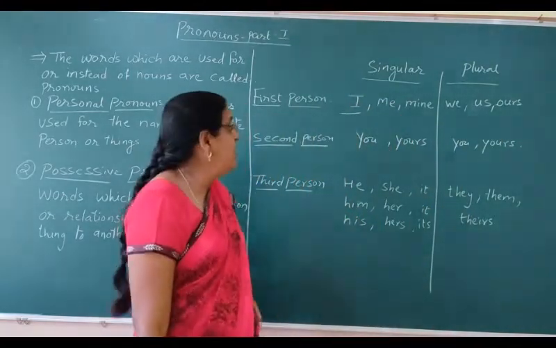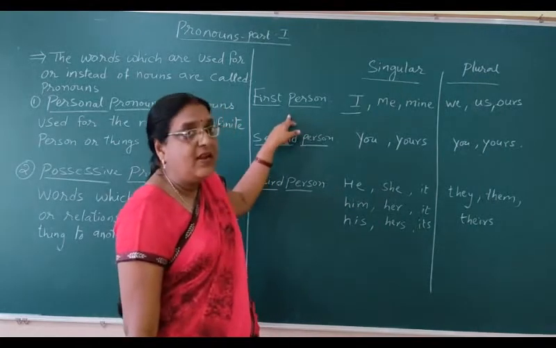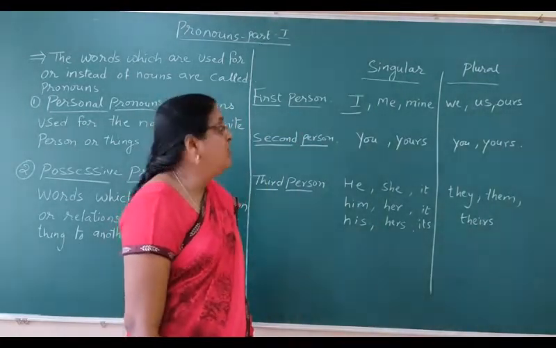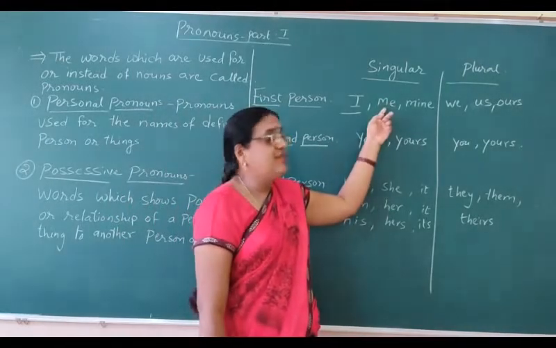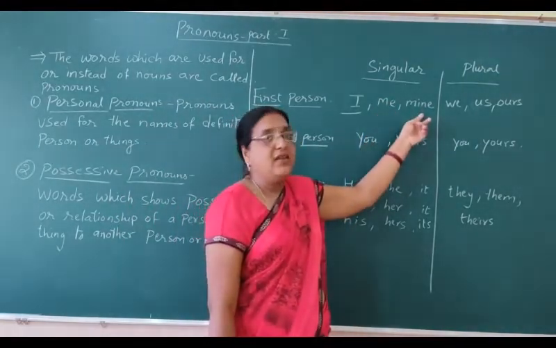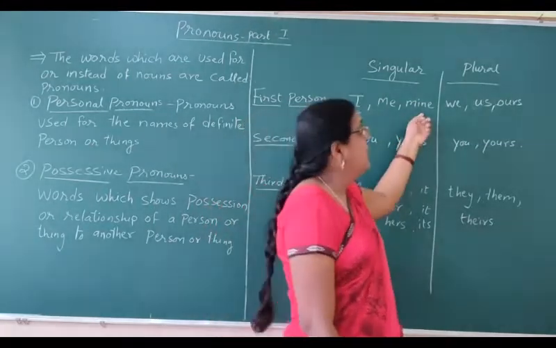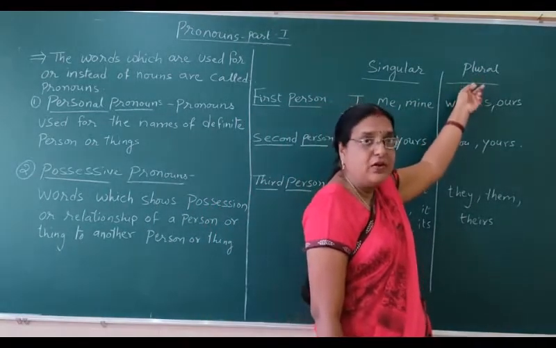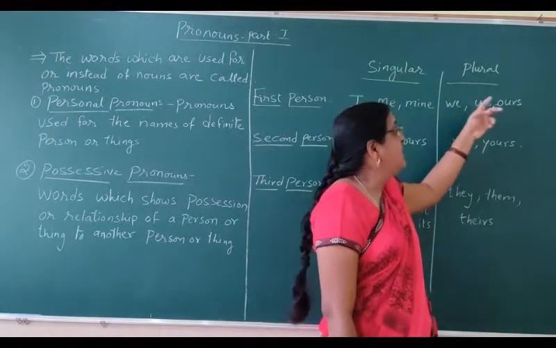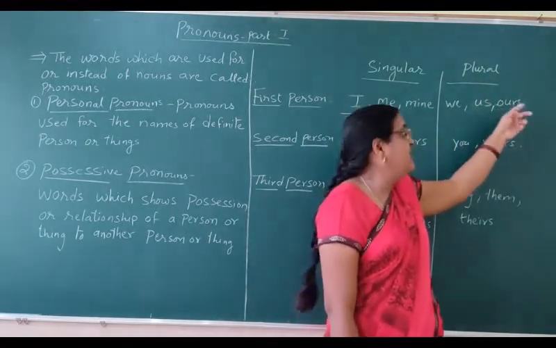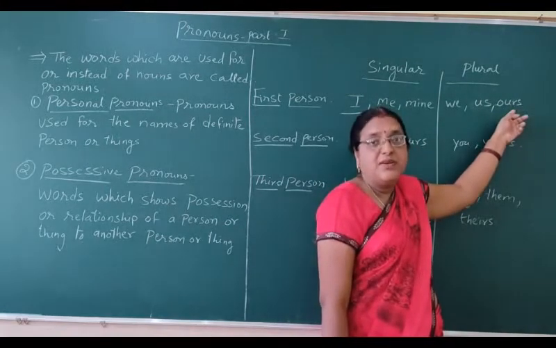Is it clear, students? In the first person singular, I is the subjective case, me is the objective case and mine is the possessive case. In the first person plural, we is the subjective case, us is the objective case and ours is the possessive case.